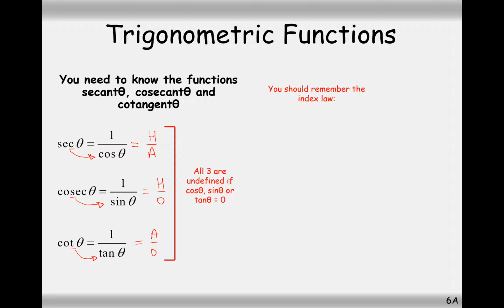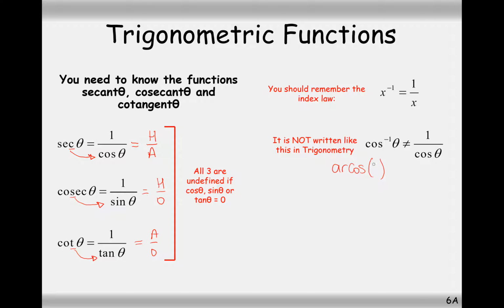Just to clarify a bit of notation here, the standard notation is that x to the power of minus 1 in indices gives you 1 over x, but we're not going to use this notation with sine, cos and tan. Think about it: if you were to write cos to the power of minus 1, you're generally referring to the inverse cos rule, arc cos.